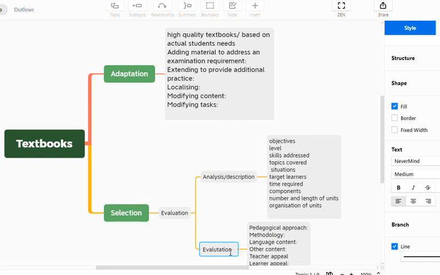Analysis is different from evaluation. Textbook analysis, or textbook description, only focuses on analyzing. For example, the textbook says that my objective is to improve oral skills. The textbook is written for high school or advanced levels or intermediate level students.